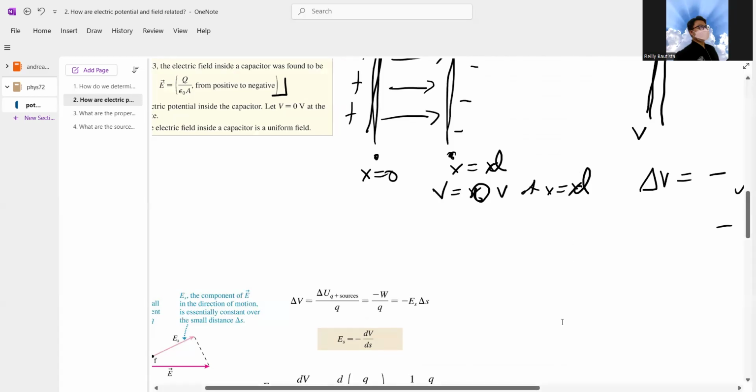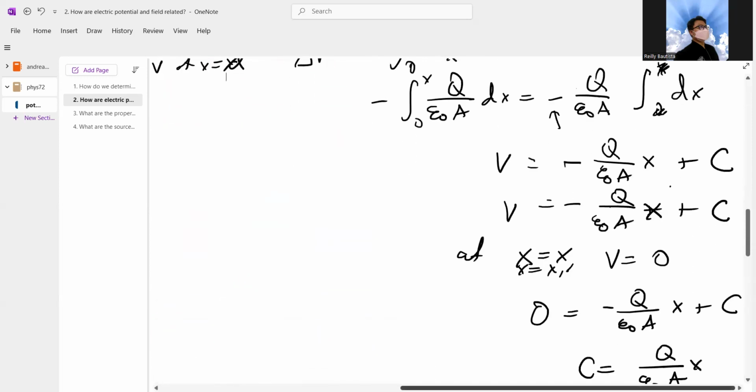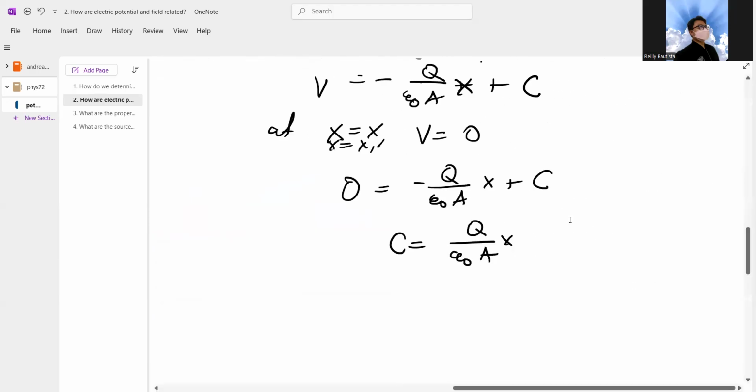So at x equals d, we substitute it here.